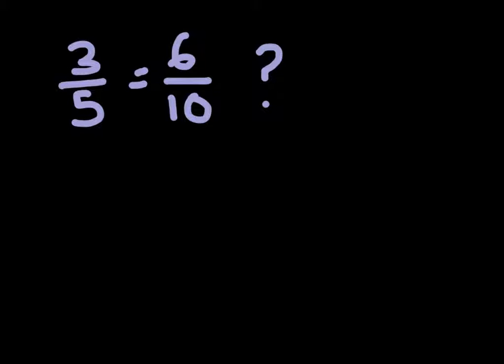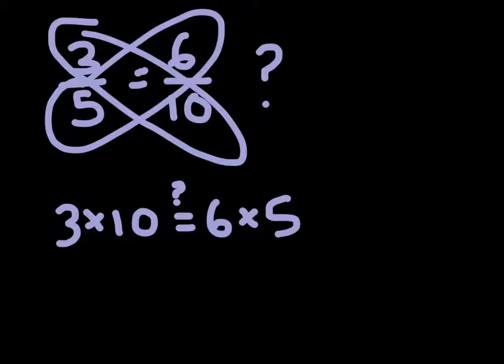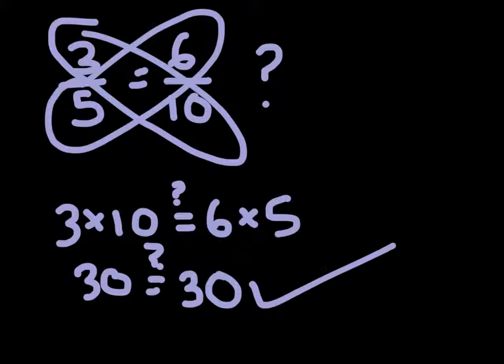So what we would do is cross multiplication between 3 and 10 and 6 and 5. So 3 times 10 is equal to, question mark, 6 times 5. 30 is equal to 30. Question mark? Yes, that is true. 30 is equal to 30. So this is a basic, very simple example of a proportion.